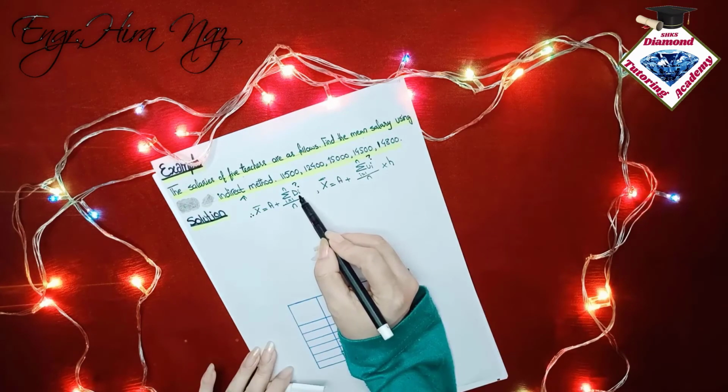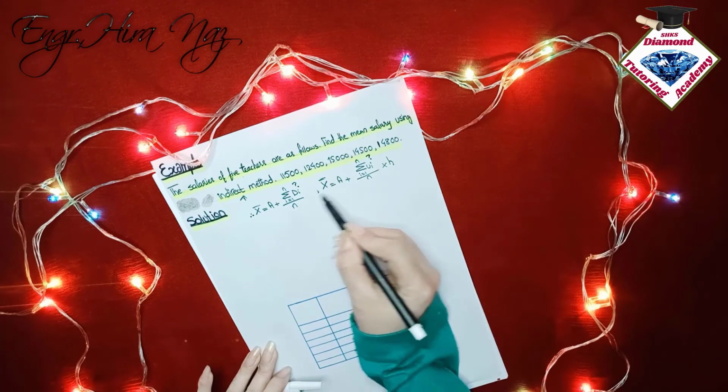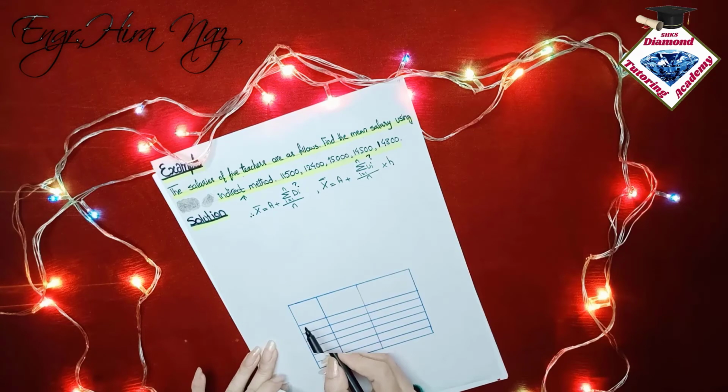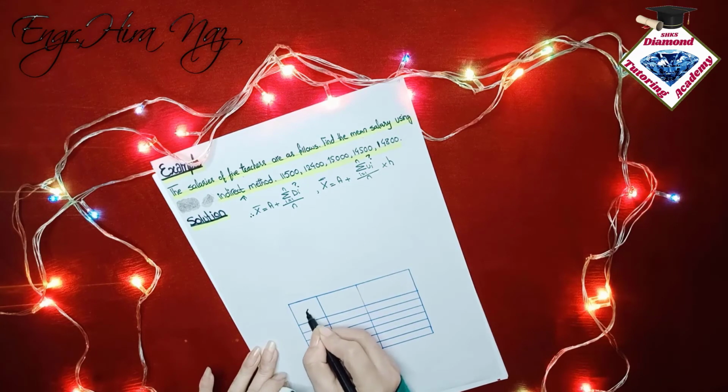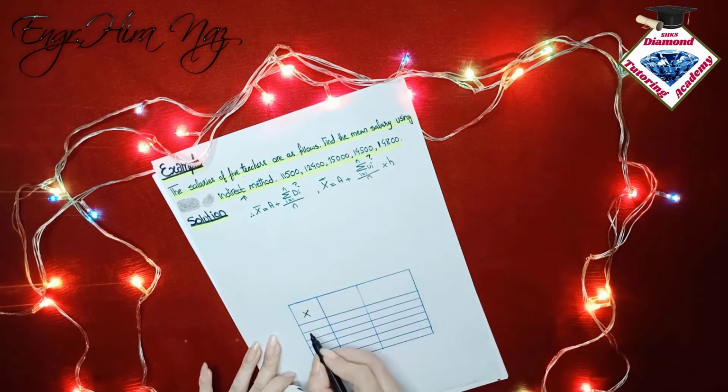So here we have to find di and here we have to find ui. So for these d and u, let us construct a table. First column is always for variables. So here x is our variable. Put these given values in this column. First one is 11500. That is 12400.